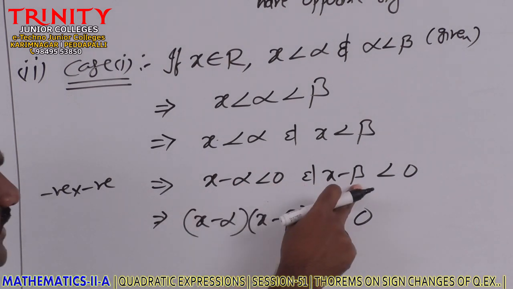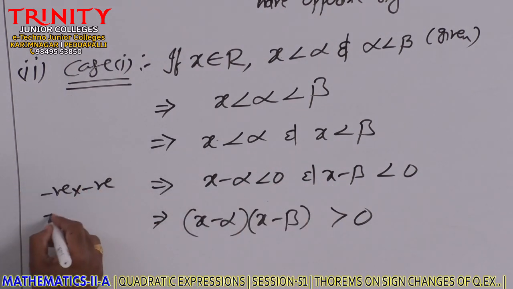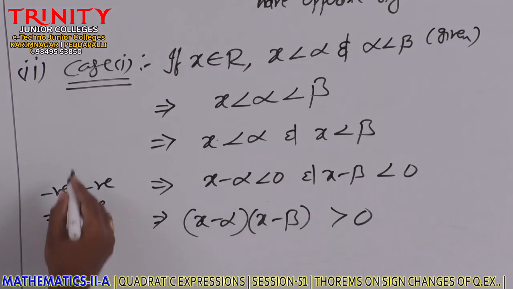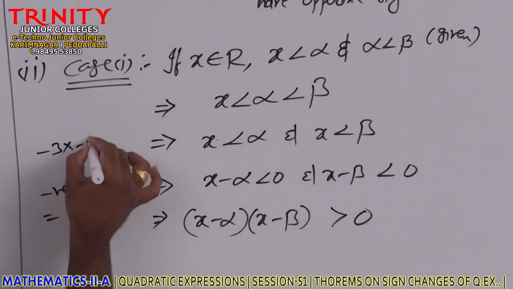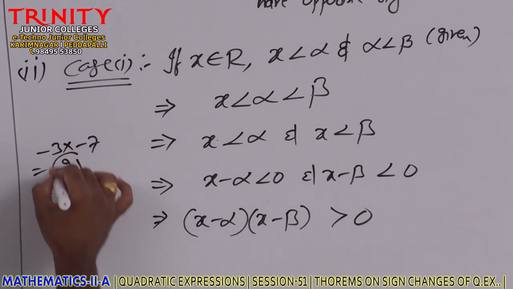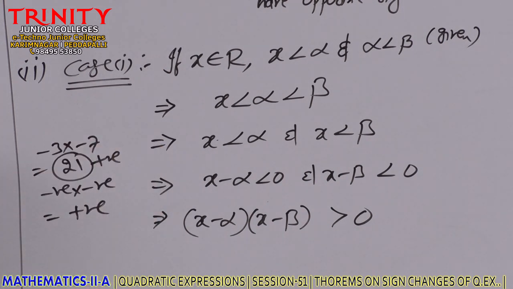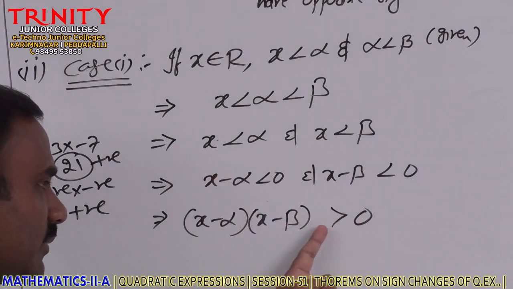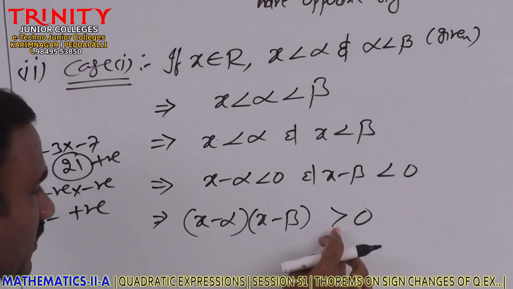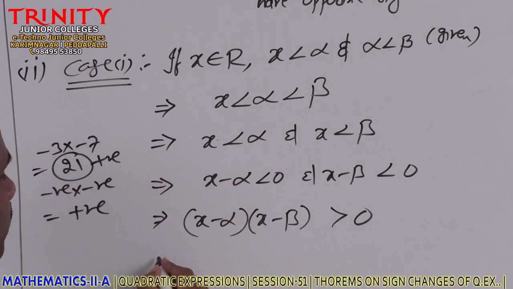Negative into negative, finally its value is what? That is positive. Like minus 3 into minus 7, minus into minus is plus, 7 threes are 21, which is a positive quantity. Therefore, negative into negative becomes positive. Therefore, x minus alpha into x minus beta is greater than 0.